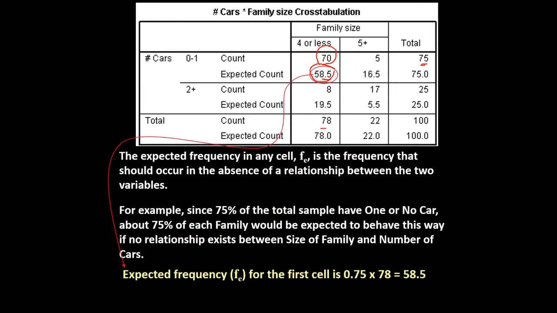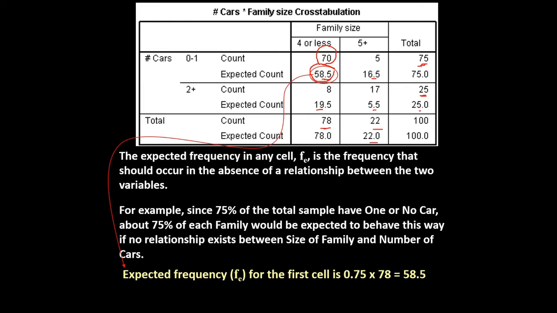So this is our expected frequency. I did the same for the rest of them as well. I'm sure you remember how you get 16.5: if you take 75% of 22, you get 16.5. 25% of 78 gives you 19.5, and 25% of 22 gives you 5.5. So this is how it's calculated.